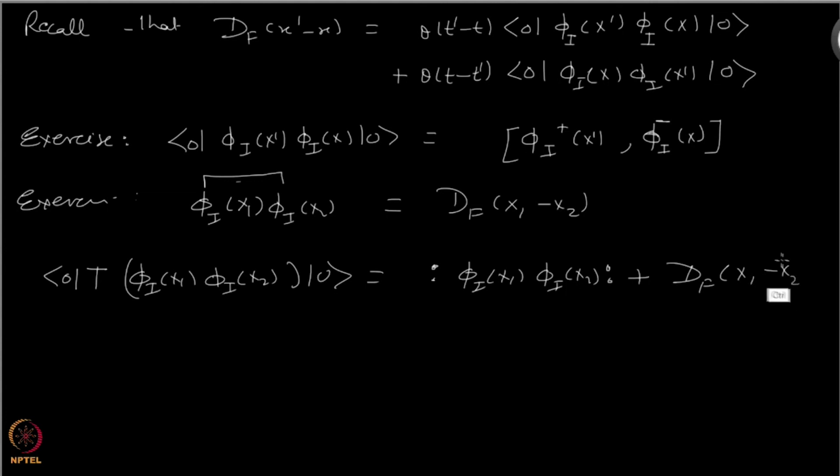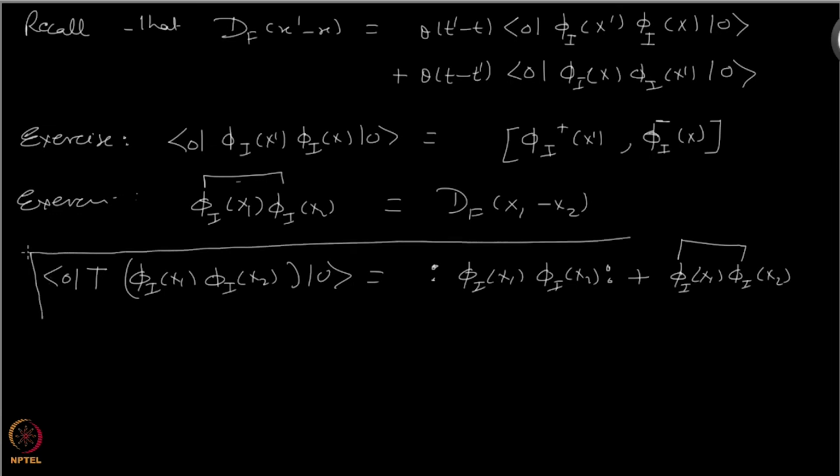Or maybe I will leave it like this, where we know that this contraction is a propagator. That's going to be very useful for us. So let's put a box around here.